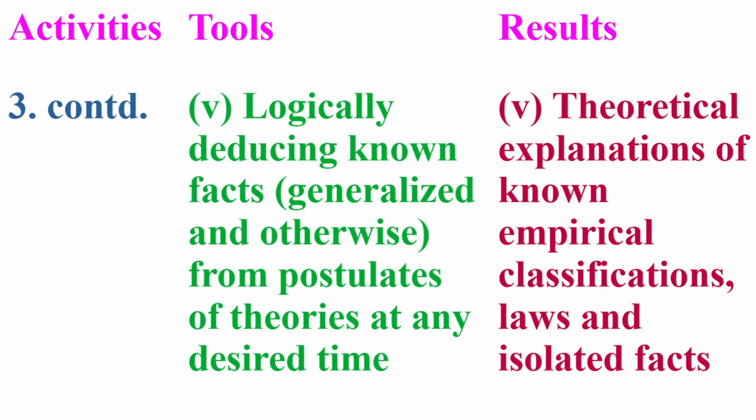results. As the fifth tool of major activity 3, one uses deductive logic to derive from the postulates of a relevant theory the already known relevant facts and thus explain them. That is, the objective is to answer the following question.